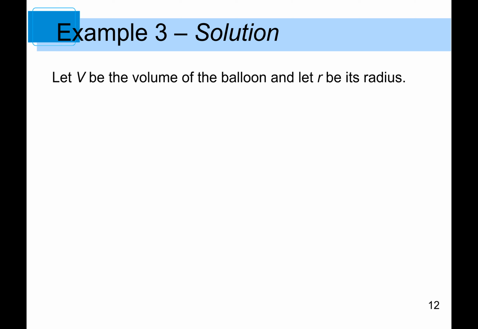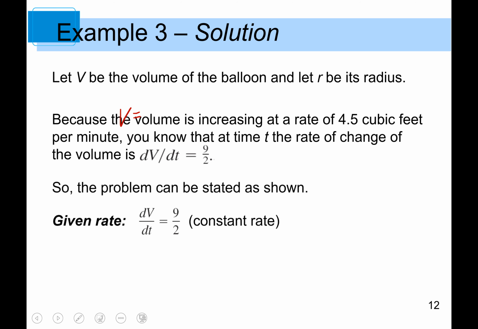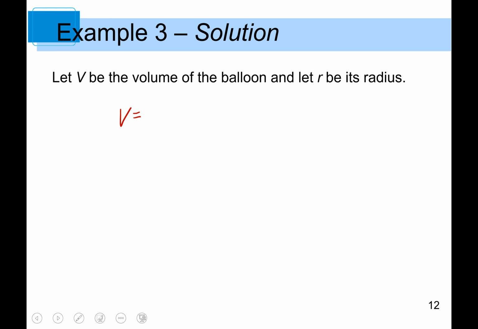And let V be the volume of the balloon and let r be its radius. So the volume formula is V equals 4 over 3 times pi r cubed.